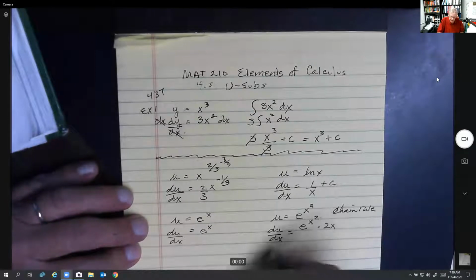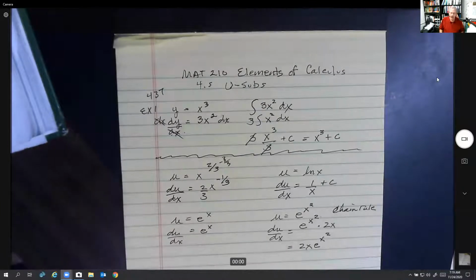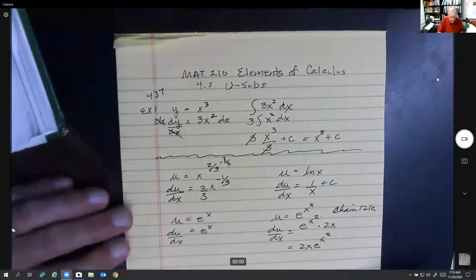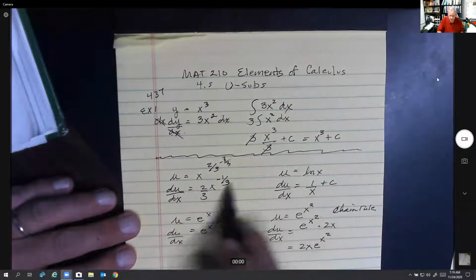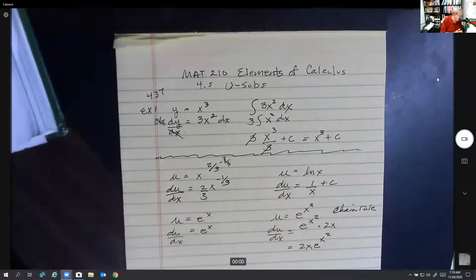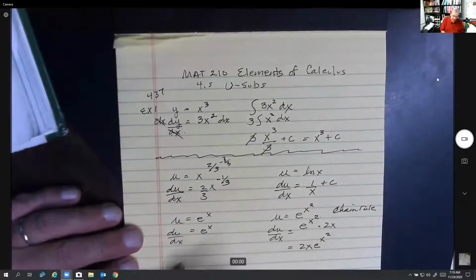Or we could write it as 2x e to the x squared. Either way is okay. No plus c, we're taking derivatives. So these are how you take derivatives of a function, because we might be a little rusty on it. But what we're going to do is try to take the antiderivative of this problem.